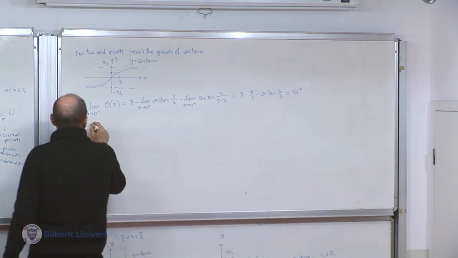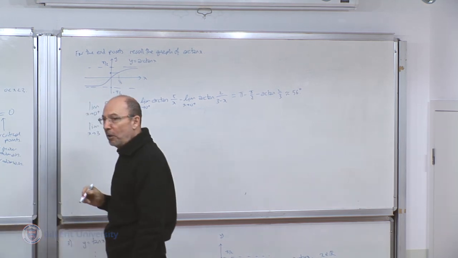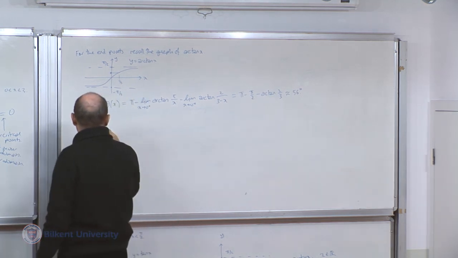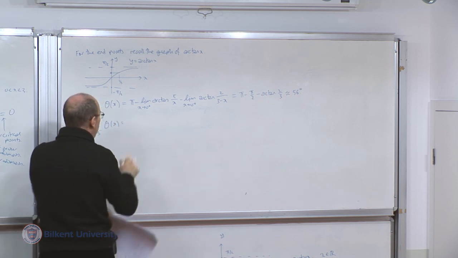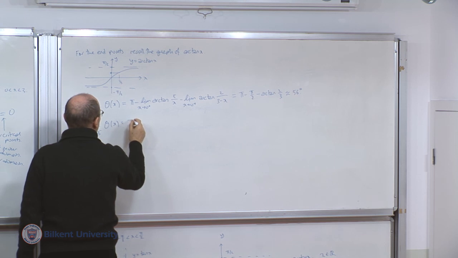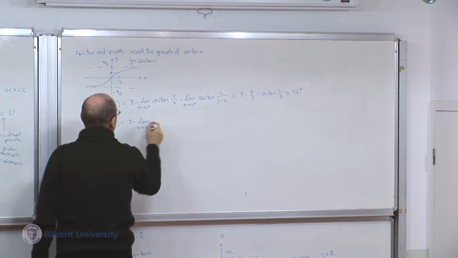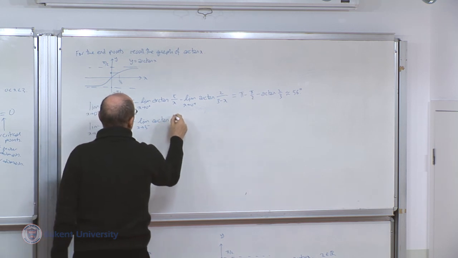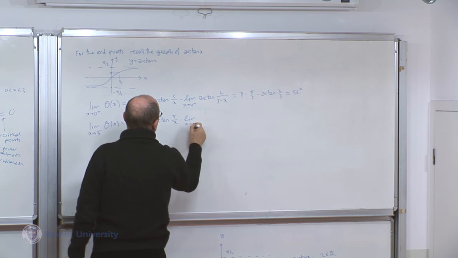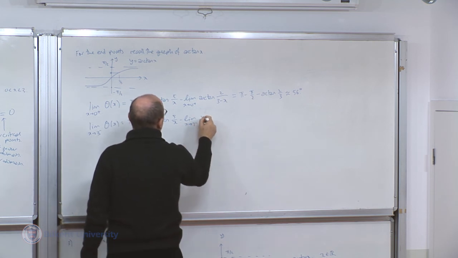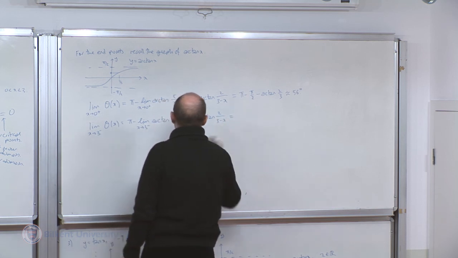Then we do the same thing with the limit as x goes to 3 from below. Okay, so this time theta of x. Let me finish this and then we can stop. So this is pi minus the limit as x goes to 3 from below of arctangent 5 over x, minus the limit as x goes to 3 from below of arctangent 2 over 3 minus x.